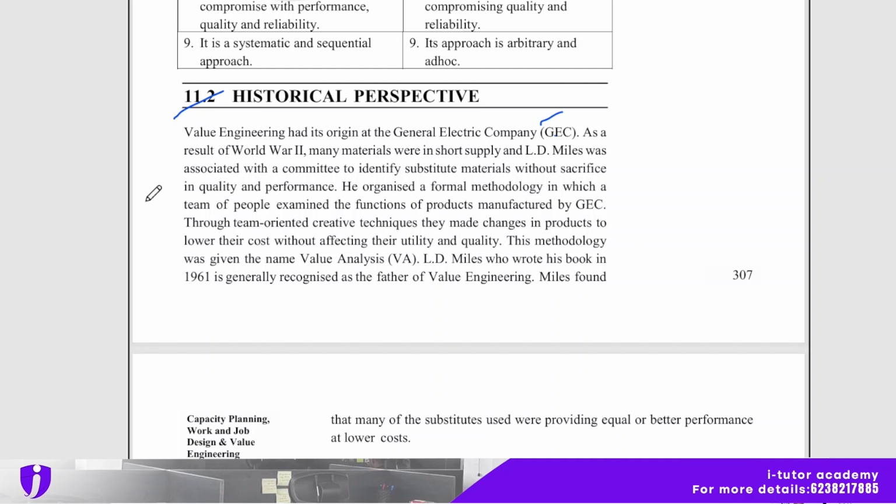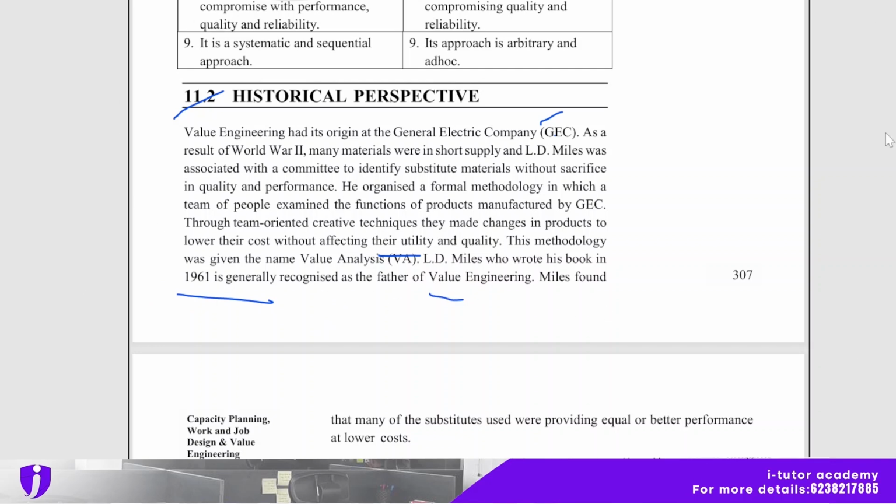Through team-oriented creative techniques, they made changes in products to lower their cost without affecting their utility and quality. This methodology was given the name value analysis, that is VA, and LD Miles, who wrote his book in 1961, is generally recognized as the father of value engineering.